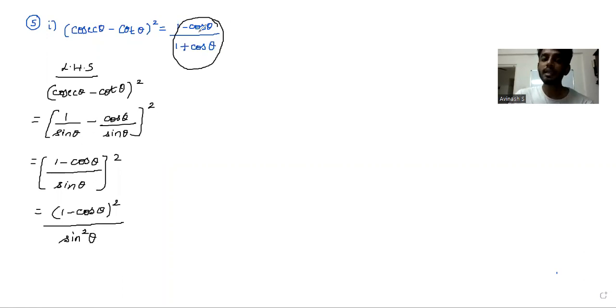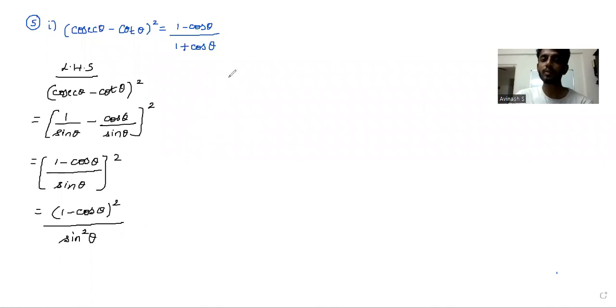Here the target is only cos theta, but in the denominator we have a mismatch, which is sine theta. But in the numerator it is kind of matching. If we can convert the sine theta somehow into cos theta, then we are nearing the solution which is fully in terms of cos theta.